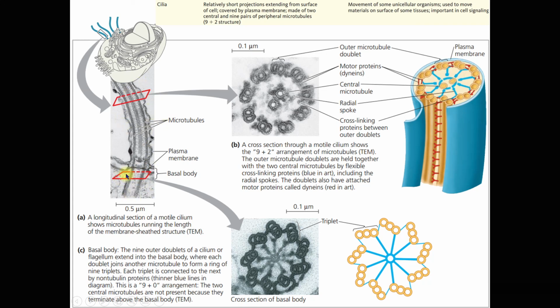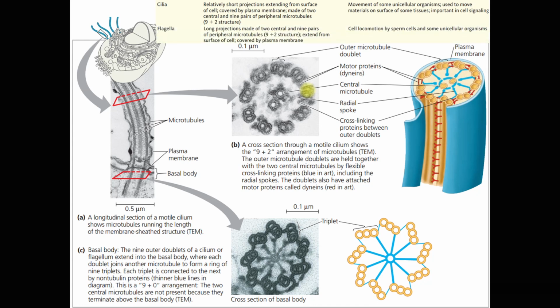Basal body means the part of the plasma membrane where the cilia are projected out, or extended. Cilia are made of two central and nine pairs of peripheral microtubules. So when it comes to their structure, cilia have a 9 plus 2 structure.